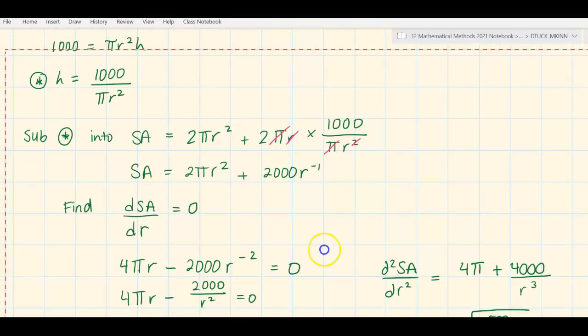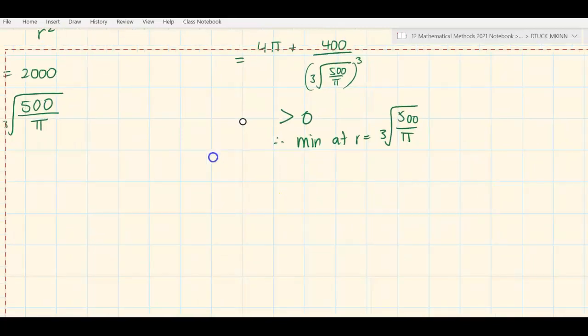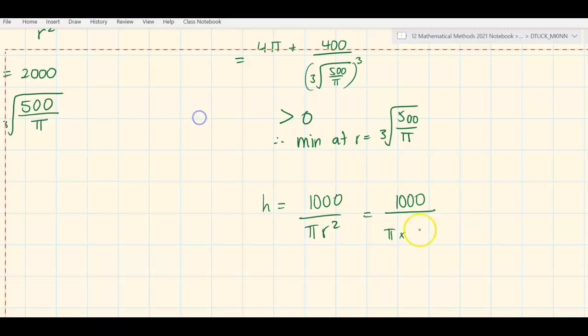There it is, 1,000 on pi r squared. H equals 1,000 over pi r squared, which equals 1,000 over pi times 500 on pi, all to the power of a third. All of that then squared means it's going to be to the power of 2/3.